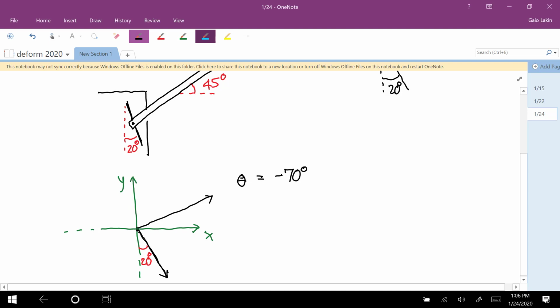And then from there, we know these two are perpendicular. So we start out like this, we go -70, and now we're facing this way. And now we go counterclockwise 90, so add 90 to that, and you get an angle of +20. And so then that unit vector is just cosine of 20, sine of 20.